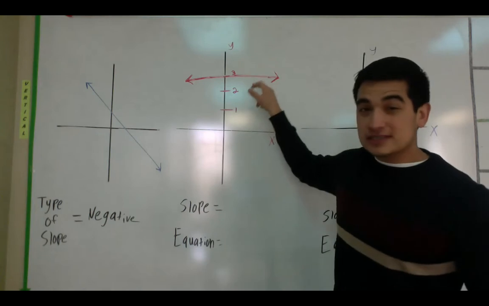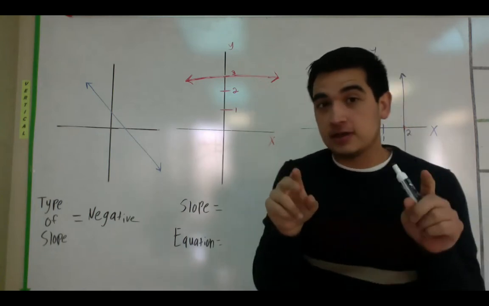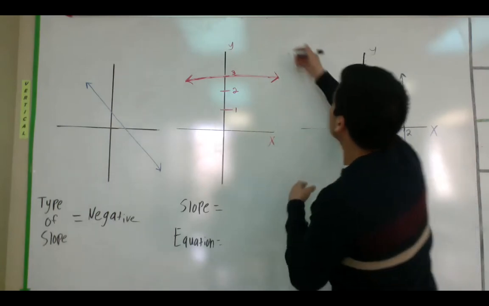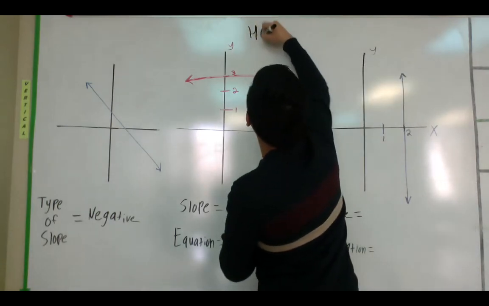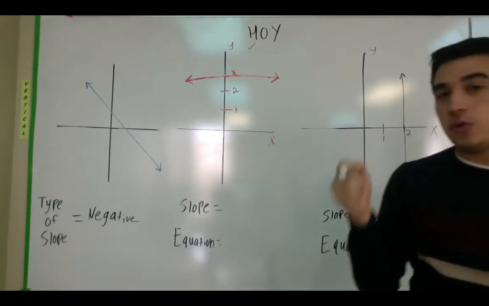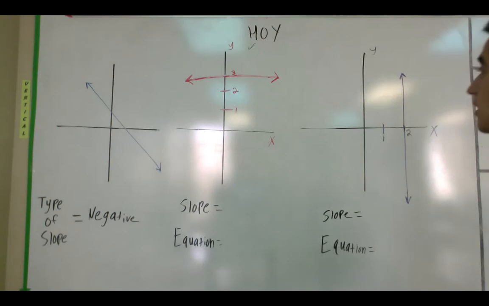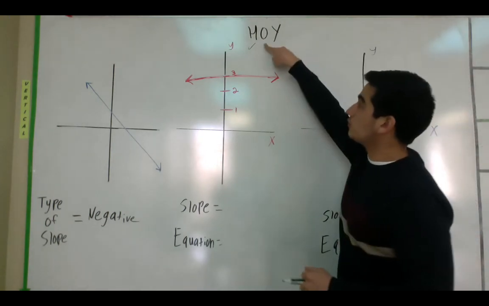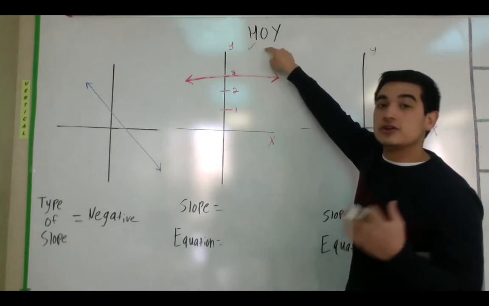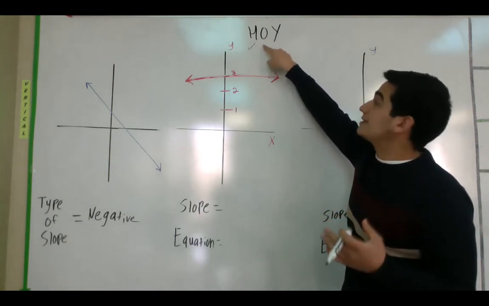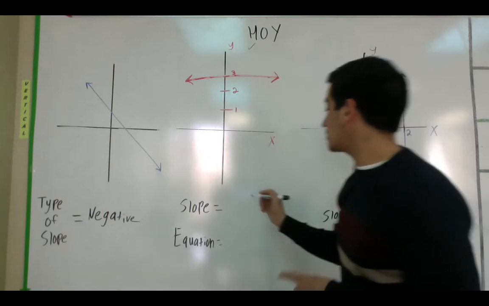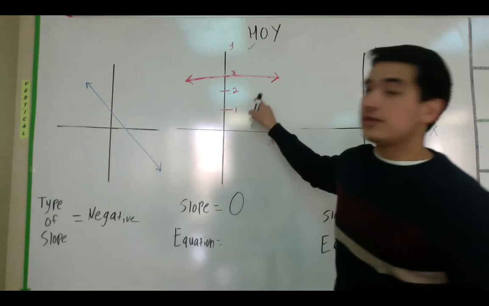So if it's horizontal, remember we have 2 types of special cases, hoi or vux. If it's horizontal, that means this is a hoi. Okay, that's what the H stands for. The H stands for horizontal. Now, the O, remember it's not really an O, right? This middle letter tells me about the slope. So it's not really an O, it's really a 0, which tells me the slope of this graph.